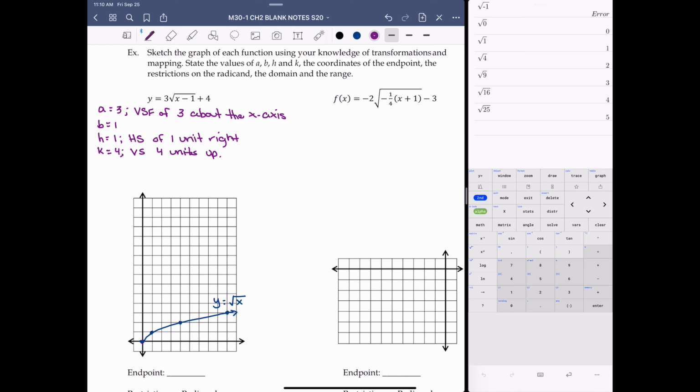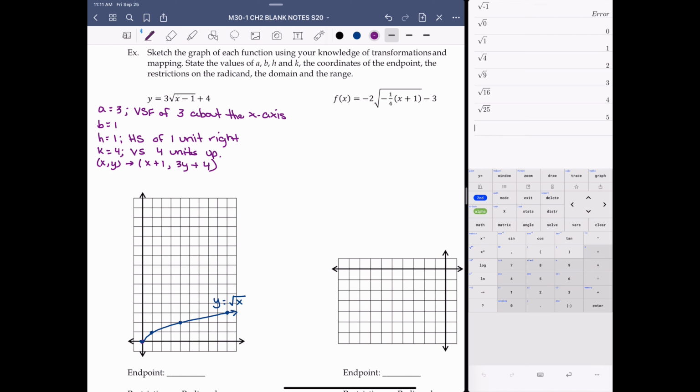Starting just with the basic x, y mapping notation, we have a b value of 1, so nothing being multiplied to the x, and an h value of 1, so it's going to be x plus 1. We have a vertical stretch factor of 3, so 3 times y, plus 4, our vertical shift is up 4.